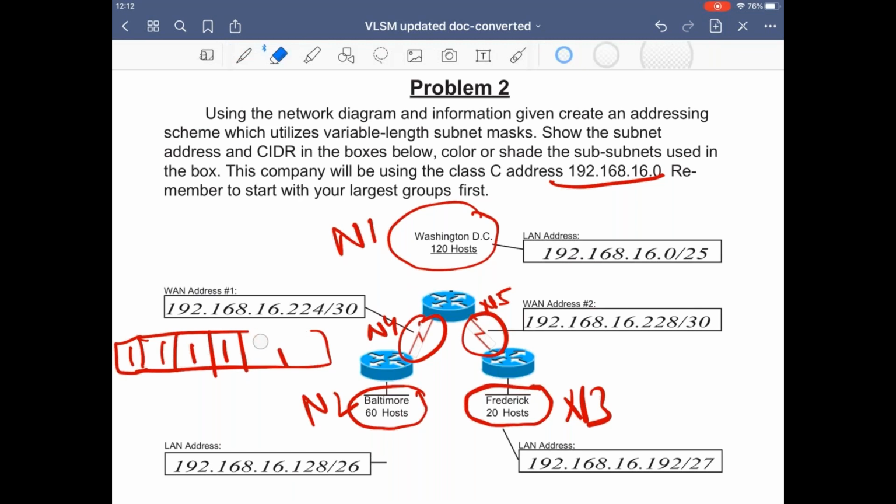Remaining bits are 1. So the broadcast ID for N4 is 227, 16.227. So the IP address range starts from 224 till 227 for network 4.